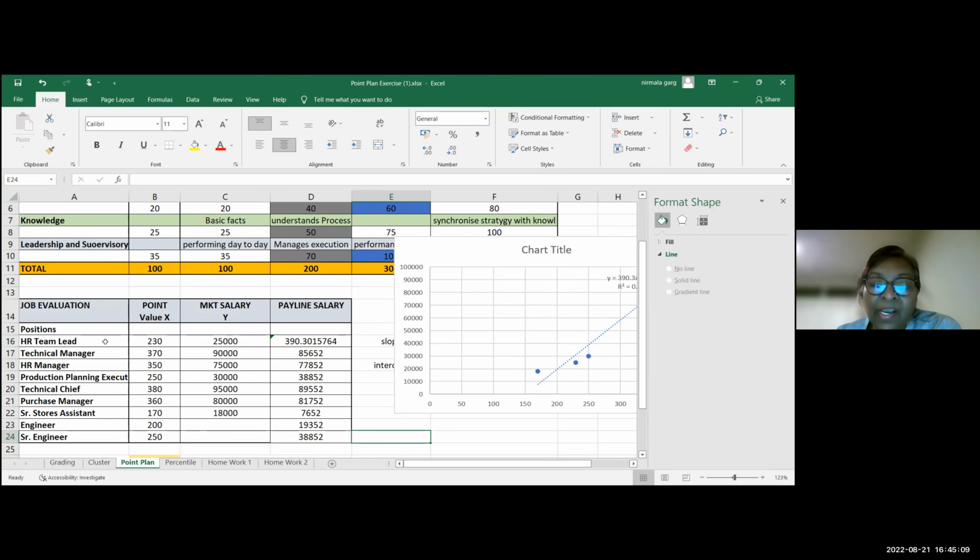Even when looking at market data, you have to see whether it matches your job description at least 85 to 90%. Only then should you take that data. Otherwise, if it is lower or higher, it will give you inaccurate data. Apple to apple matching. It also has to be industry specific, because the IT industry may pay more, but you are in a manufacturing organization. Then you match as per the job description. 80% is the minimum criteria, at least 80 to 85, because sometimes you can't match everything.